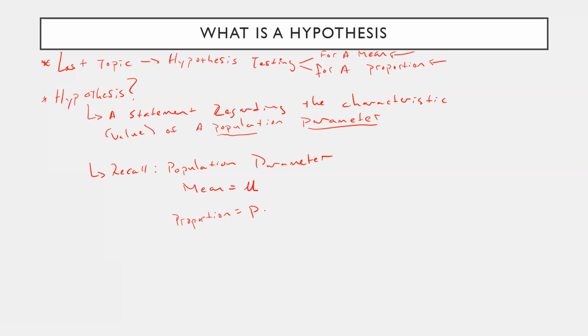P. Yep. So I'm going to make a claim about these two values. And our whole goal in this section is that we want to test this claim or this statement. That's what hypothesis testing is. We want to test this statement. I'll explain what exactly I mean by testing.